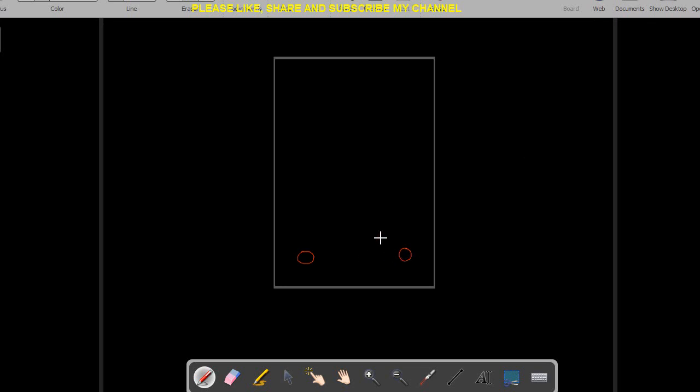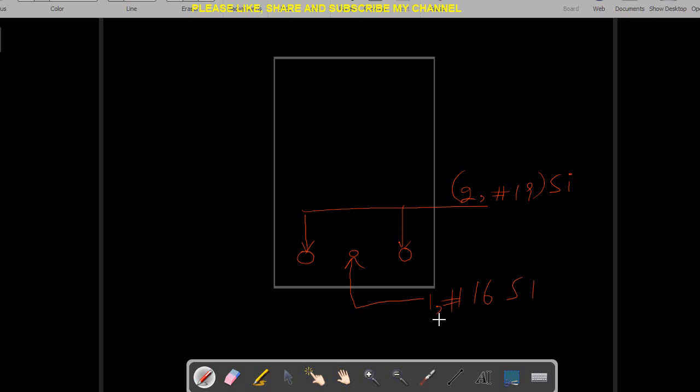Here in the corner there are 2 number 19 SI designation bars, and here we have 1 smaller bar, which is number 16, 1 number 16 SI bar, right?